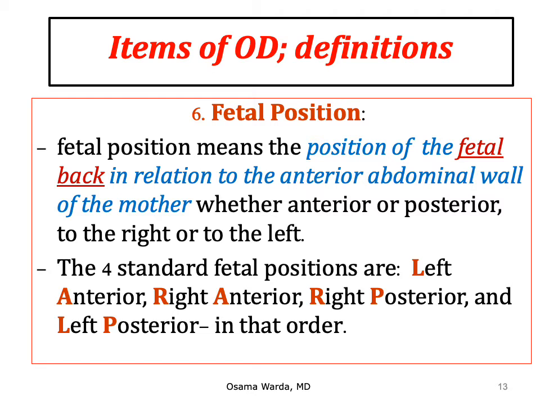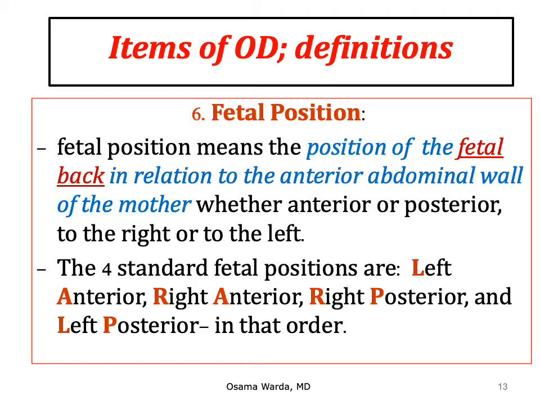We have 4 standard positions. In the first standard position, the back is anterior and to the left. In the second standard position, the back is anterior and to the right. In the third standard position, the back is posterior and to the right.